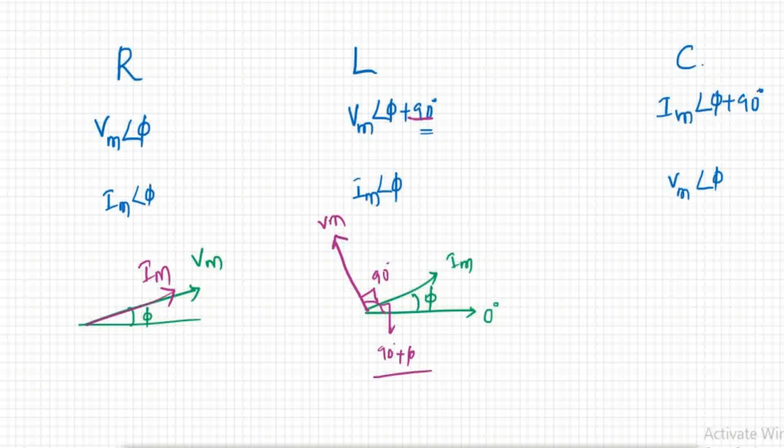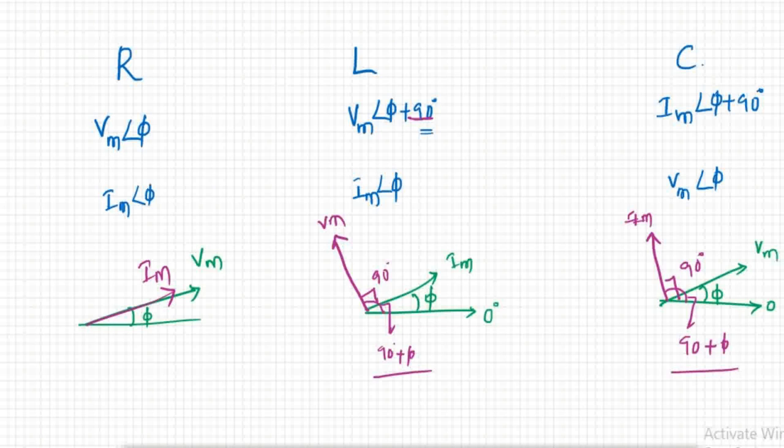Similarly, let us see the capacitor here. The capacitor has a voltage phasor Vm at an angle of phi, but the current is leading the voltage by 90 degrees. So this is the capacitive current at 90 degrees from the voltage and 90 plus pi from the reference phasor.